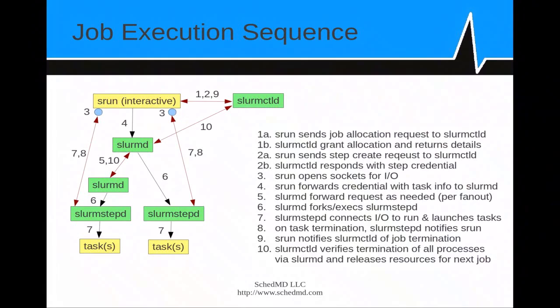So you'll note that the Slurm control daemon doesn't even talk with the slurmd daemons until it's time to terminate the program. So as part of the resource allocation and task launch, there's no direct communication between the control daemon and the slurmd. The credential is what is used to authenticate the resource allocation.